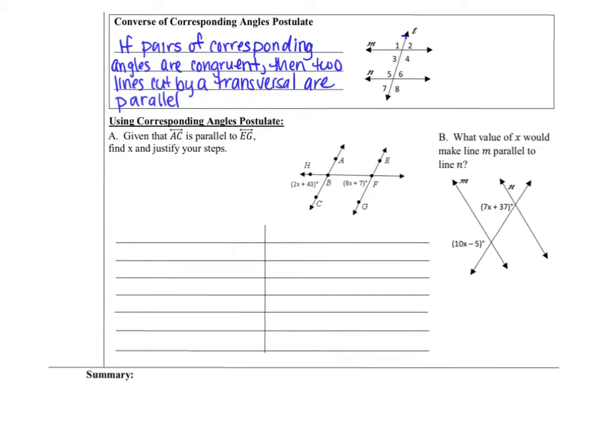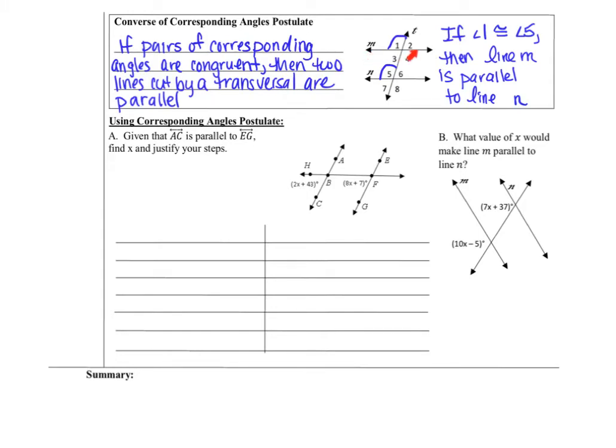I can say if angle 1 is congruent to angle 5, then line M is parallel to line N. So let's just say, for example, notice that M and N, the lines aren't marked with the parallel lines that we were doing in the last slide.